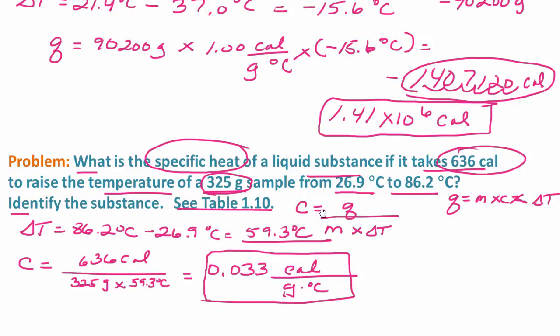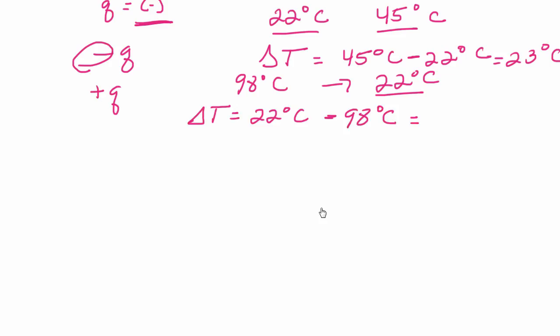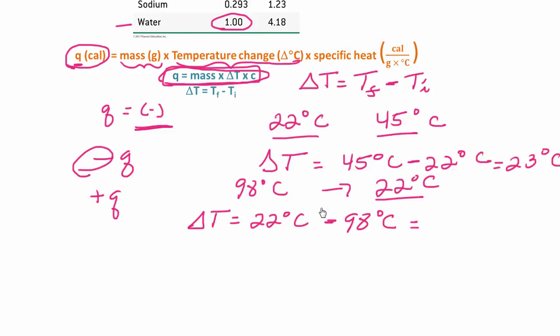So we can also use this equation to find the specific heat capacity for a substance. We can also use it to find final and initial temperatures if we're asked that. But let's look at the table and see what this corresponds to. Let's go back up here to the table.